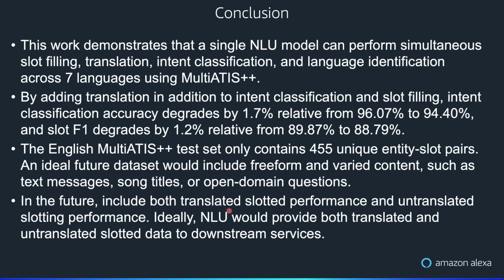To really test out this new task, it would be great to have a dataset that includes free-form and varied content, such as text messages, song titles, and open domain questions, things that would really stress the translation component of the task. I think that will be a great next step for future work.